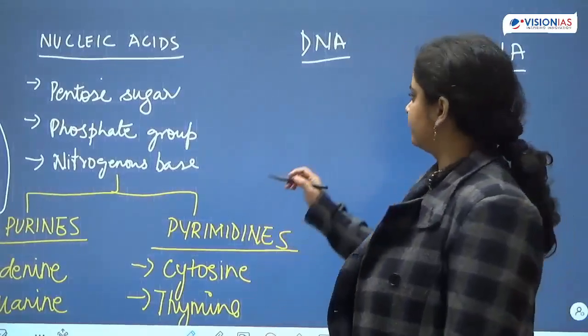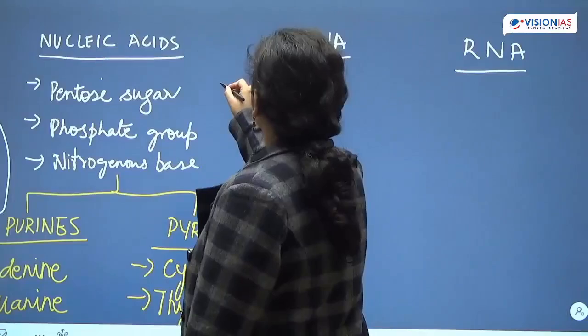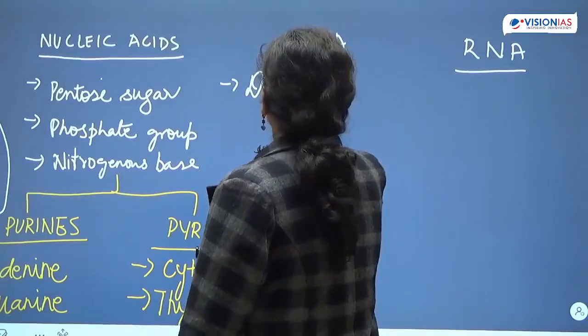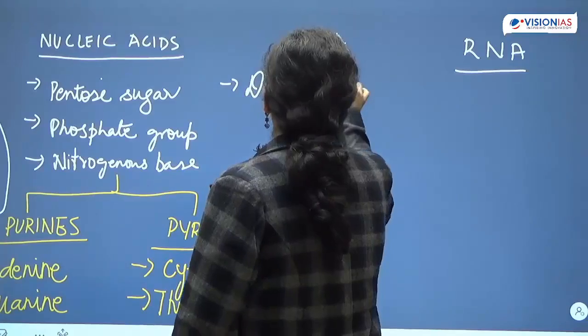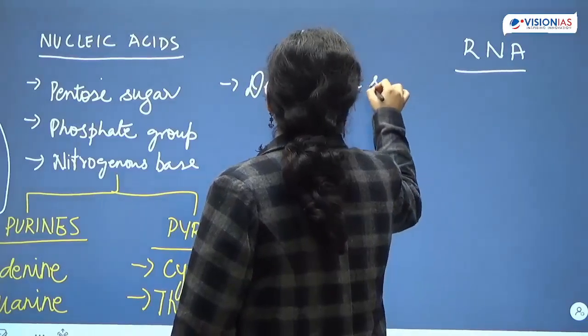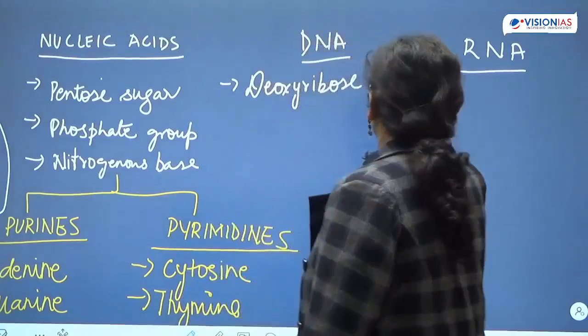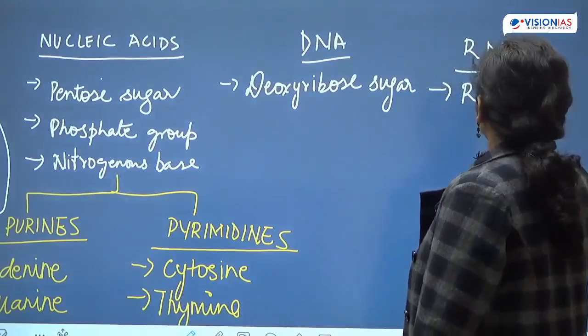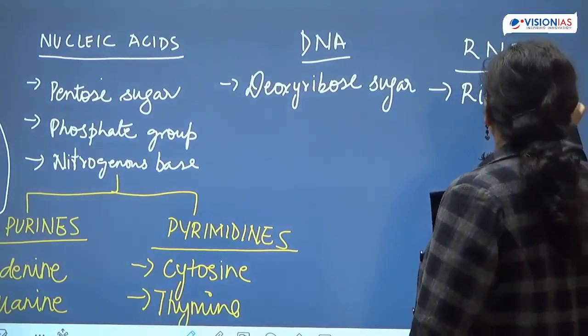DNA has deoxyribose sugar and RNA has ribose sugar.